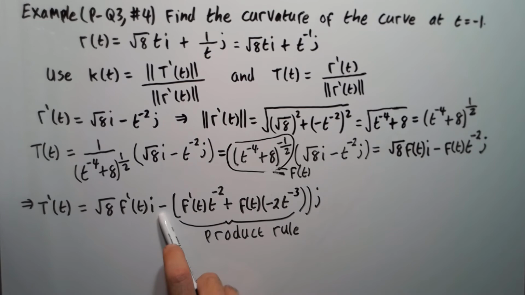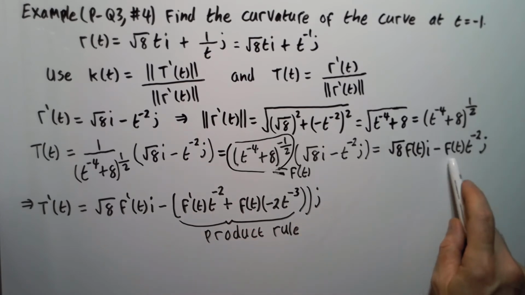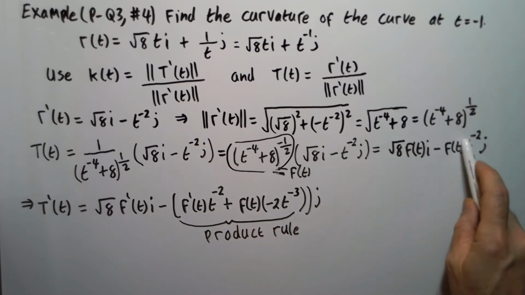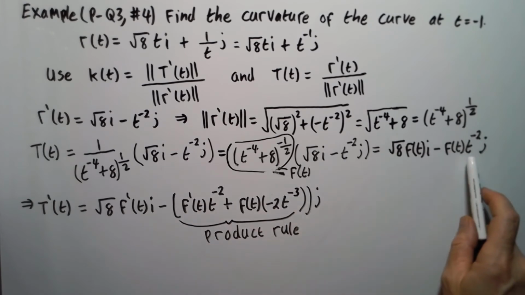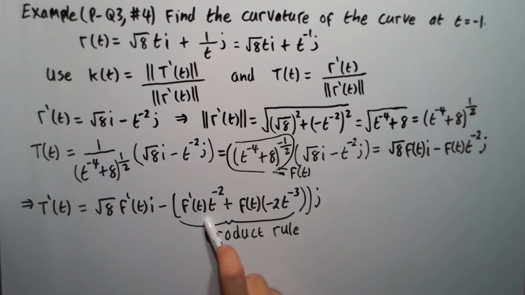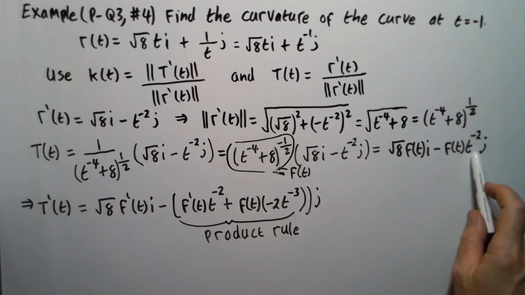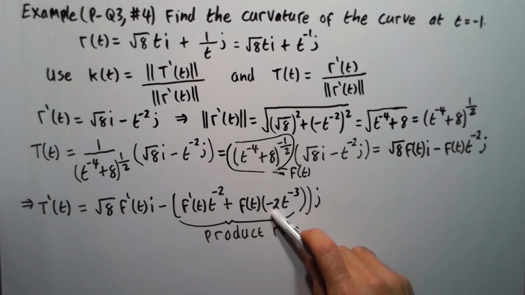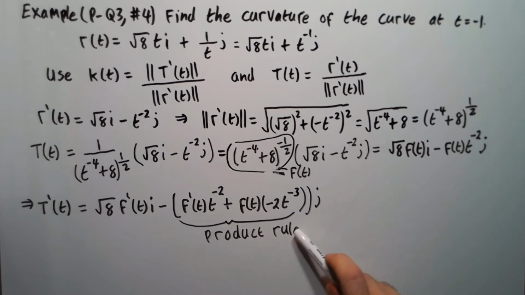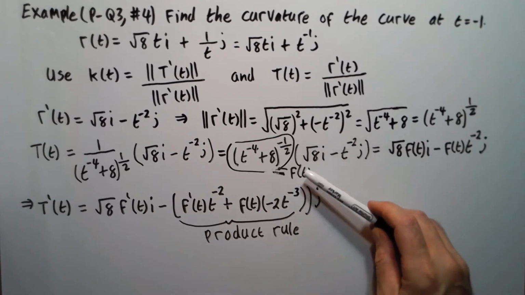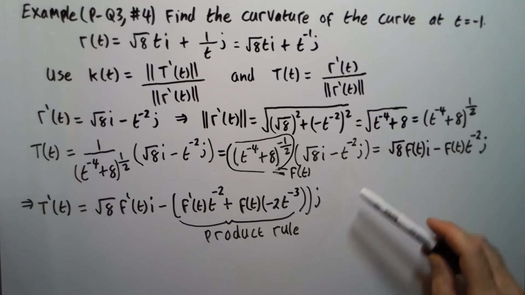I pull a minus sign out in front, and it's the derivative of the first function, f prime, times the second function, t to the minus 2, plus the first function, f, times the derivative of the second. The derivative of t to the minus 2: bring minus 2 down, subtract 1 from the power, so it's minus 2 t to the minus 3. That's the product rule. Now let's find f prime.